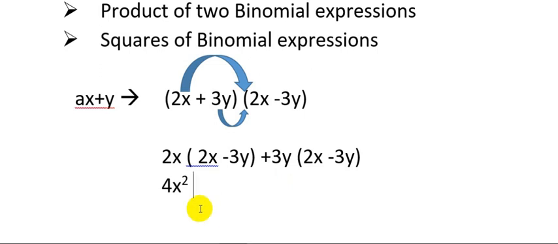Then we have to make sure we multiply not only the terms, but also the operators. So 2x carries a positive value, or rather we say it is plus. So plus we multiply with this minus, so plus into minus is minus. 2x multiplied by 3y, so it is very simple.